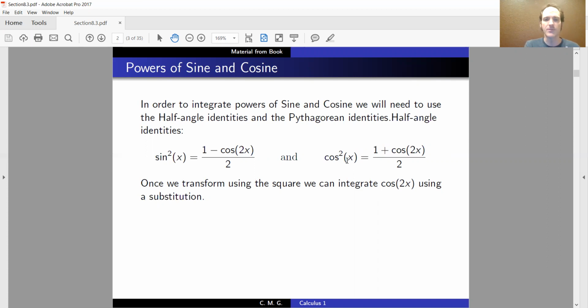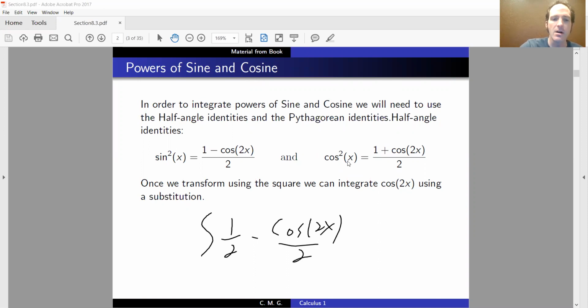All right, once I transform into this, I can now integrate cosine of 2x using a substitution u equals 2x. If I'm integrating this, I would integrate 1/2 minus cosine of 2x over 2, and I can integrate these things separately. So that's just 1/2 x.